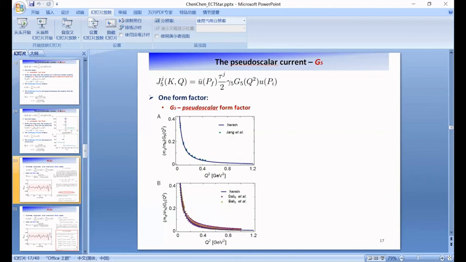This is an artifact of the rainbow-ladder truncation. Therefore, how do you compute the Faddeev amplitude for the ground nucleon state? Is it in the rainbow-ladder approximation or in another approximation?